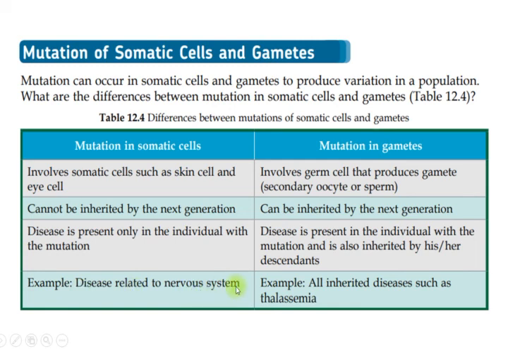Examples of mutation in gametes are all inherited diseases, such as thalassemia, sickle cell anemia, albinism, Down syndrome, Klinefelter syndrome, Turner syndrome, and so on. All of these are inherited diseases.